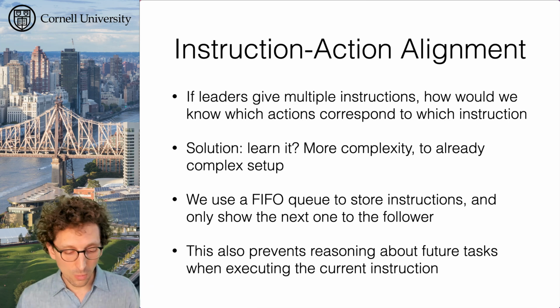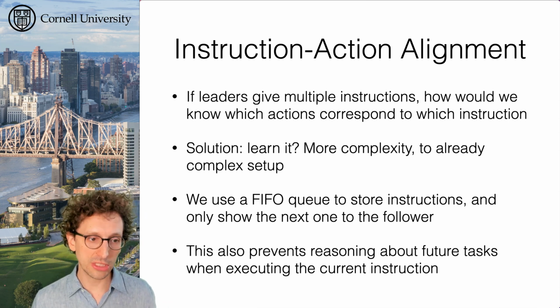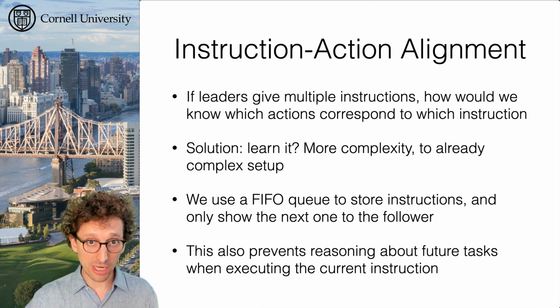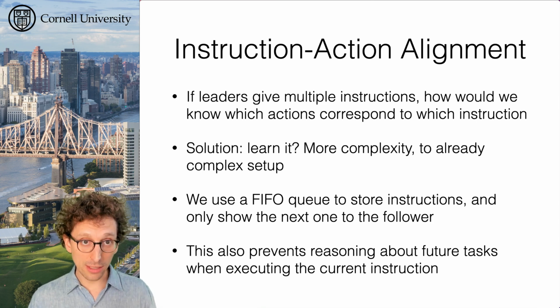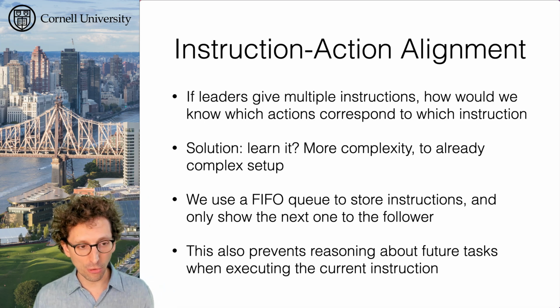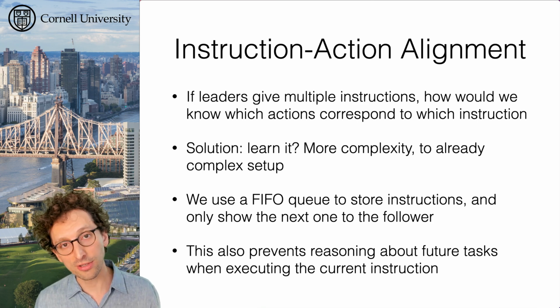So instead, we use a first-in, first-out queue to store instructions, and we only display the next instruction to the follower. Even though the leader can buffer multiple instructions, we only show the next one to the follower. This also prevents the follower from reasoning about future tasks when executing the current instruction.